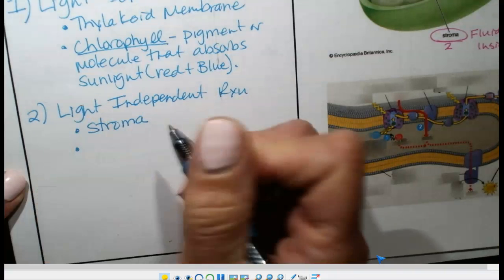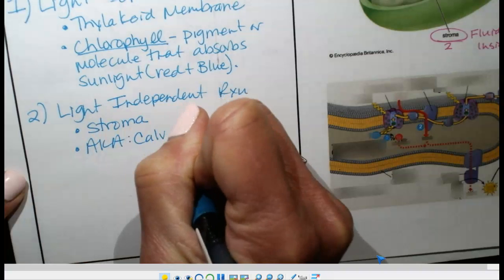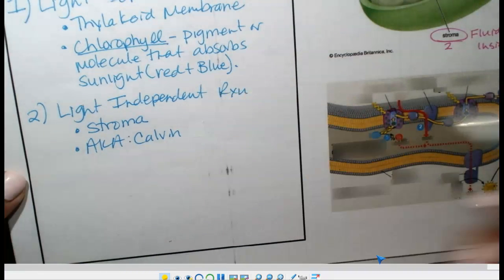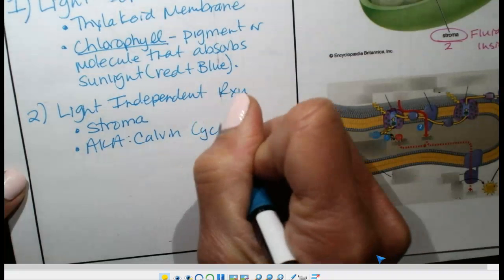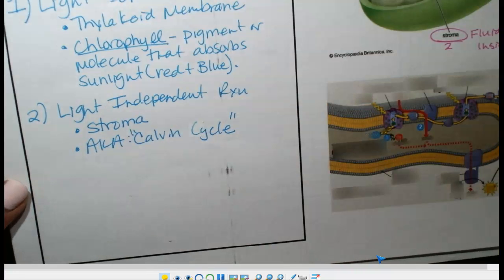It is also known as, aka, the Calvin cycle. Cycle with a C, not an S. The Calvin cycle is basically named for the scientist who discovered it.